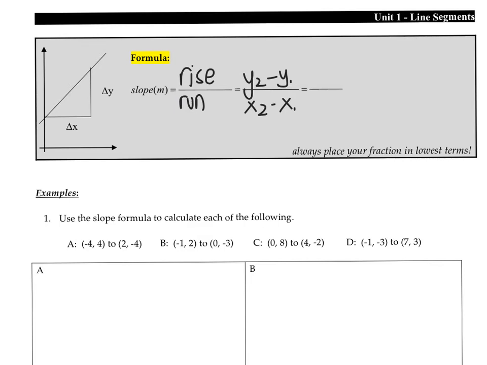It does not matter which point you label as 1 and which one you label as 2. It'll work regardless. And this takes us to our last formula, which is change in y over change in x. Now, whenever you're subtracting 2 coordinates, you're finding that change in their values. And this symbol right here, this triangle, means change in. And you'll see that in science as well.